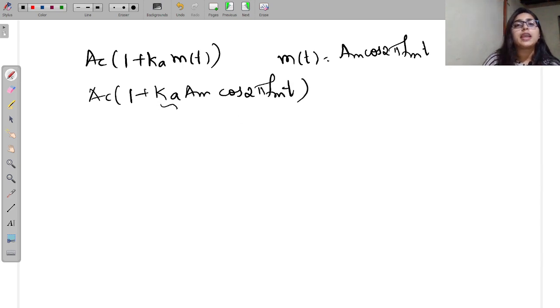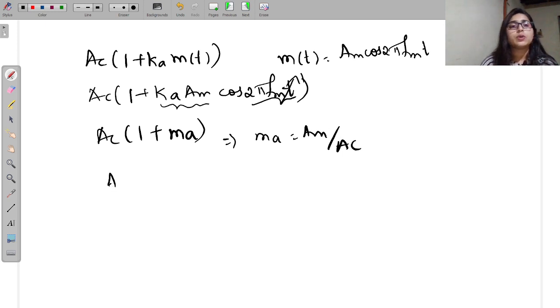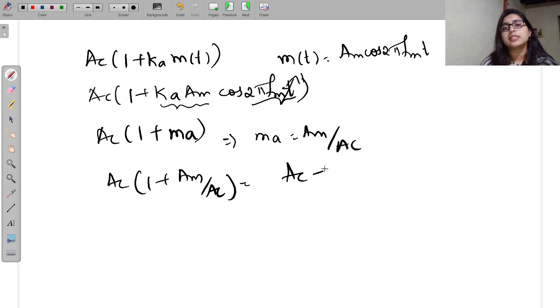So 1 plus Ka into AM, here what I can consider is AC into 1 plus MA. So this I will be considering it as 1. AC into 1 plus MA. Here MA is equal to AM by AC, which we already know. So AC 1 plus AM by AC, so this should be equal to AC plus AM, right?